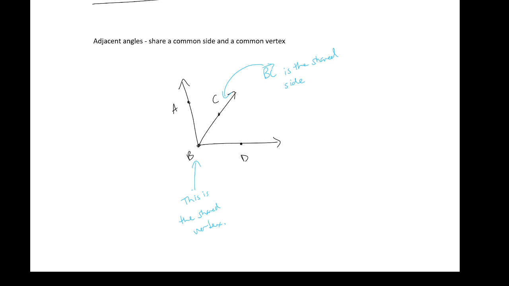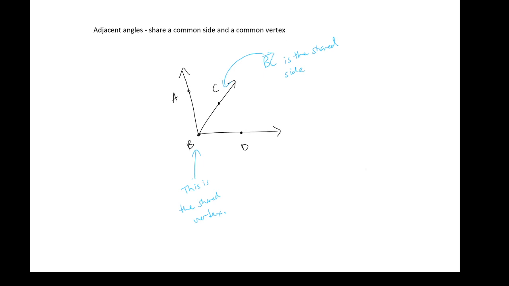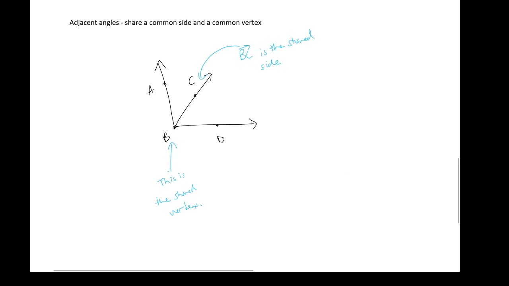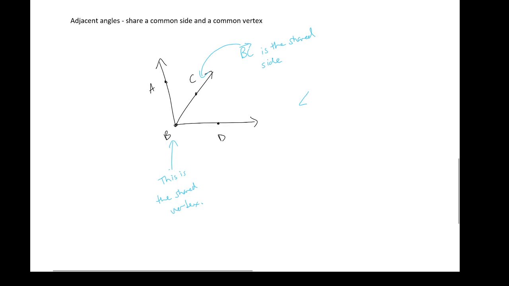So what we have here, as we discussed before, is not 2, but 3 angles. We have this one, and then this one, and then the bigger one. So the angles that are the result of the subdivision of angle ABD, which are angle ABC and angle CBD, these two angles are adjacent.